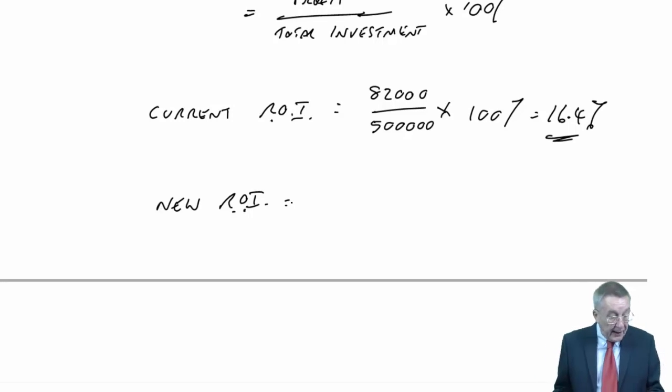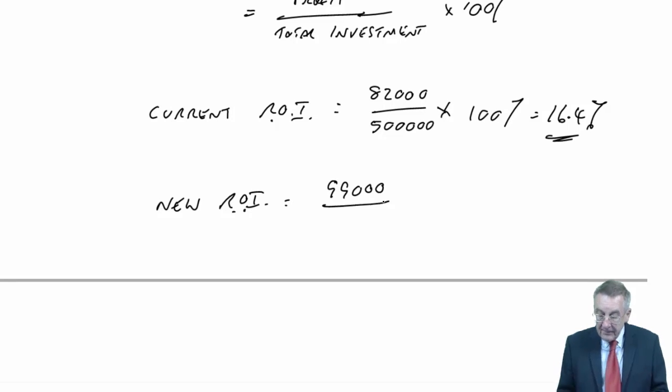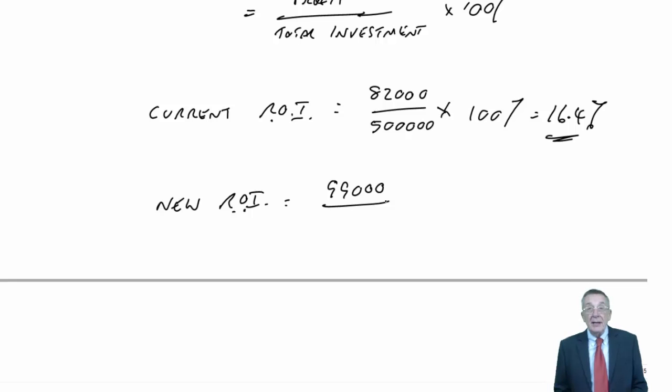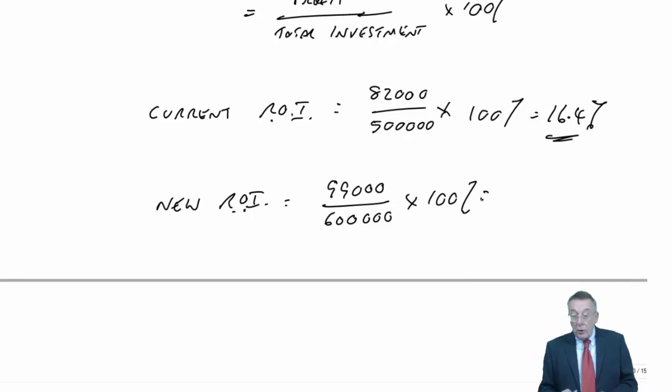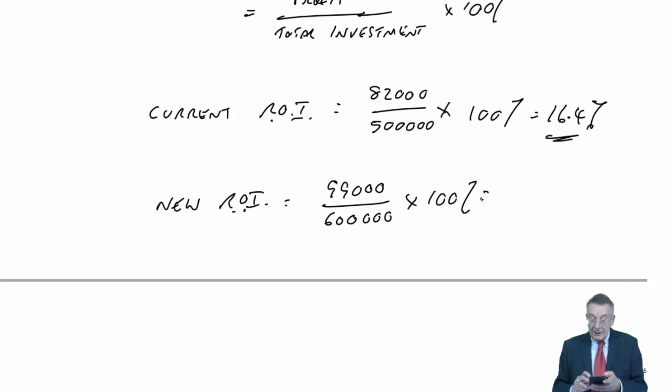The profit will go up by 17,000 a year, so it was 82, it'll go up to 99. The capital invested on the balance sheet, the statement of financial position, will go up by 100 from 500 to 600. And what will happen to the return on investment?